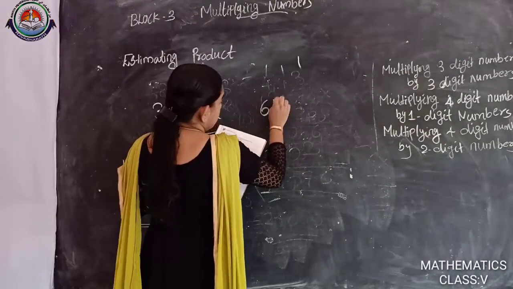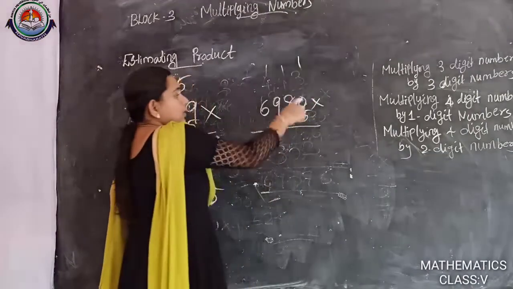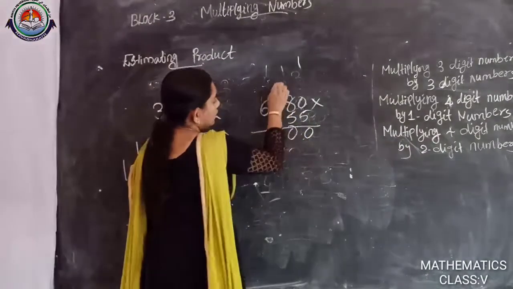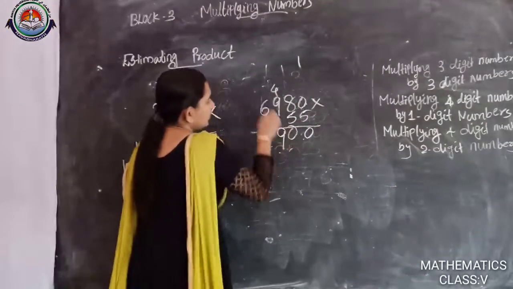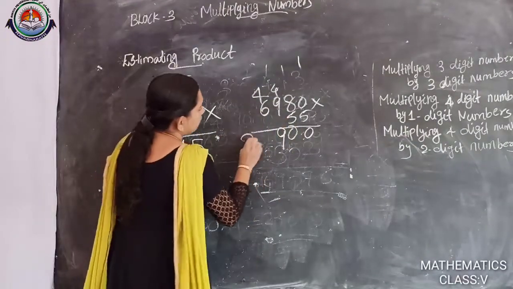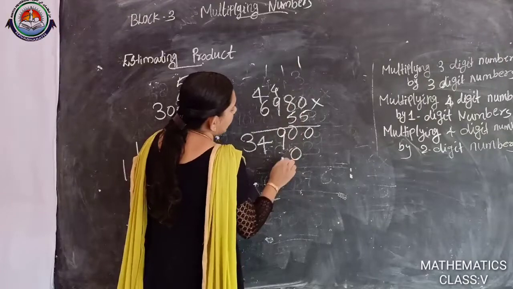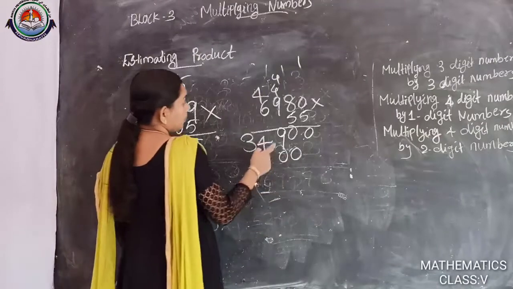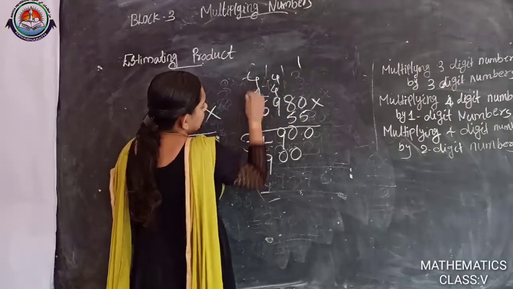Fourth question, 6,980 into 55. 0 into 0, 0. 5 into 8, 40, 4 carry. 5 into 9, 45. 45 plus 4, 49. 5 into 6, 30. 30 plus 4, 34.